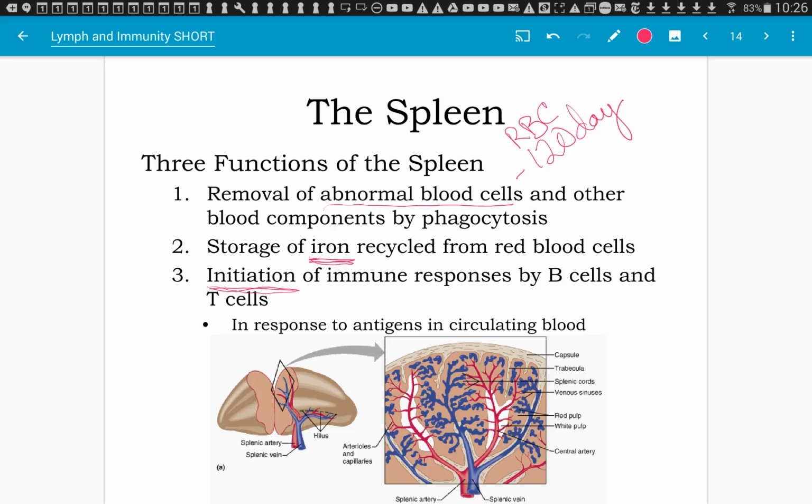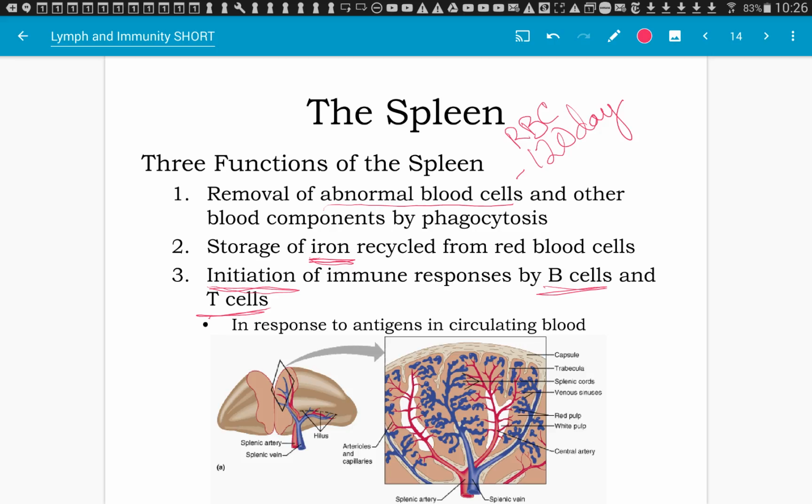So it's where the immune response is triggered or begins, because you have B cells and T cells, which we'll talk about in a little bit, that live in the spleen.